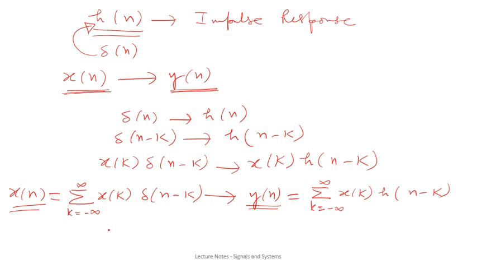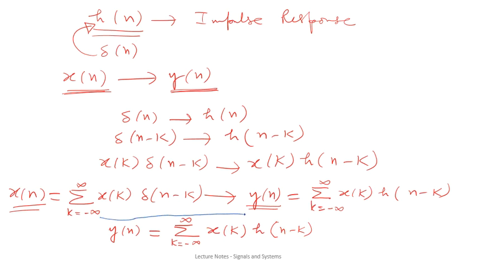So this can be written in this form: the summation from minus infinity to infinity of x[k] h[n minus k], and we put it in a box.